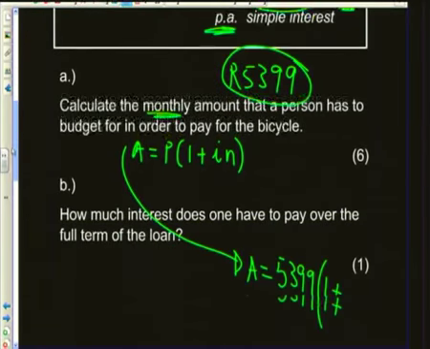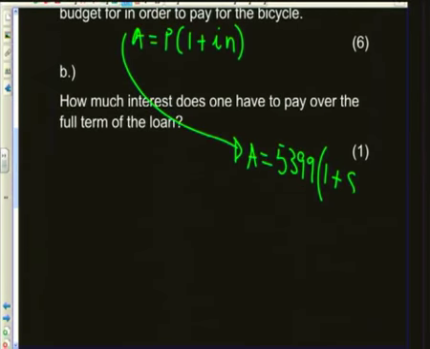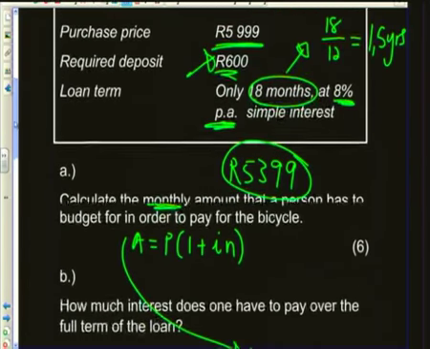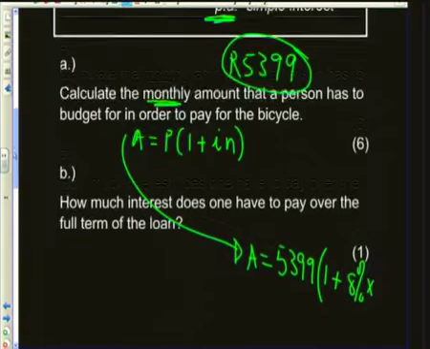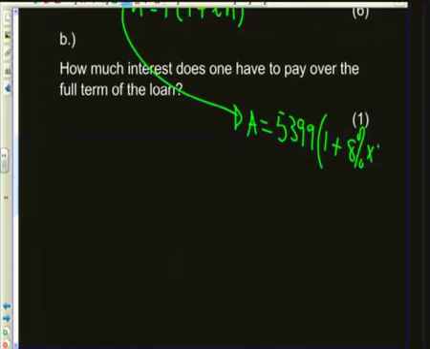It's given that the interest is 8%. So you've got your 8% per annum times, converted the months to years, 1.5. Now, at the end of the day, if they're giving you this loan, you have your 8% for a period of 1.5 years. So let's work it out. Take the calculator.